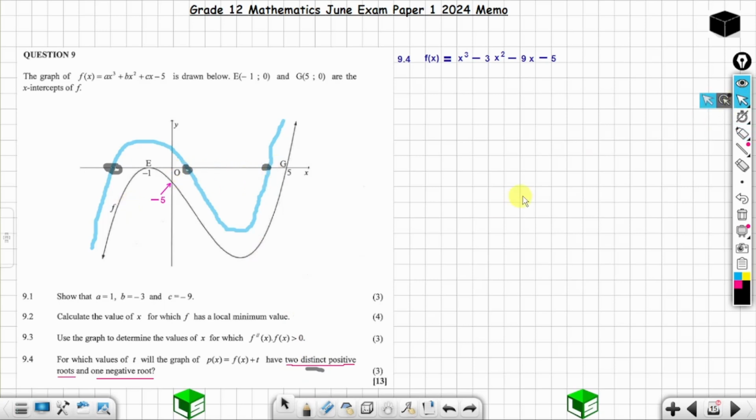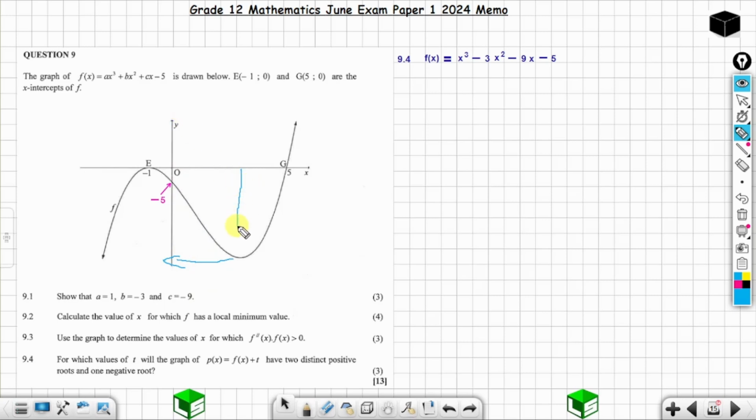The only way to have that is to shift the original graph vertically upward. Okay, so let me show you. You need to find your value there first, so that you can see by how much you are going to shift.